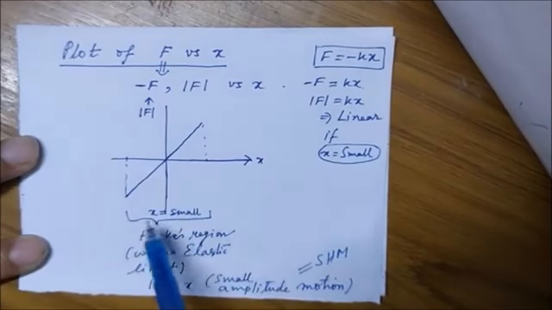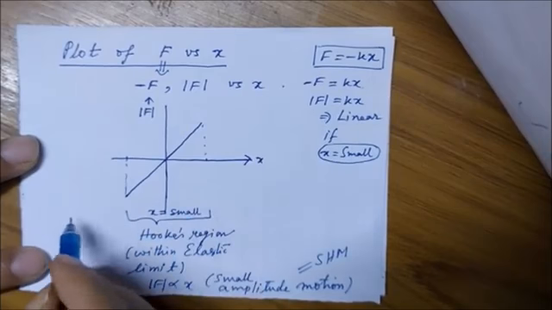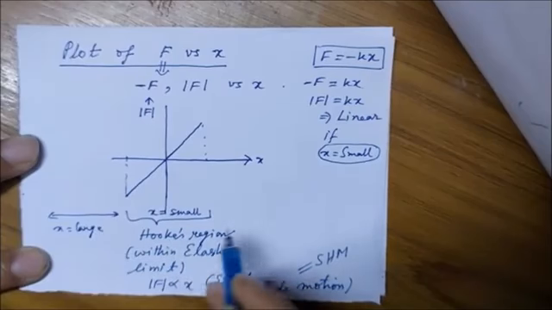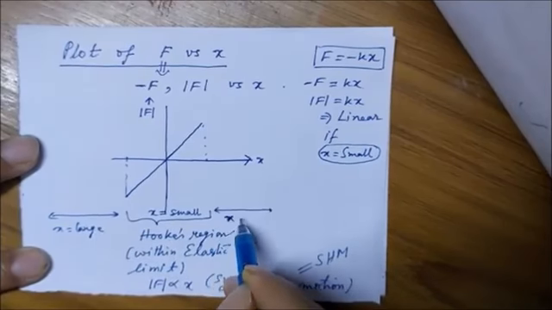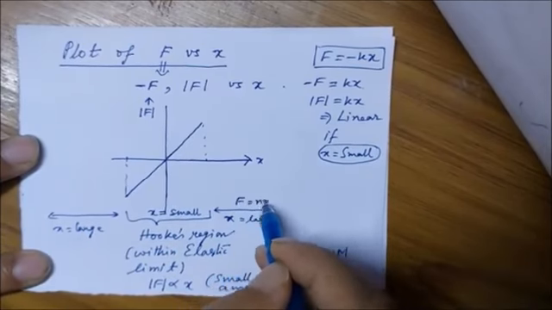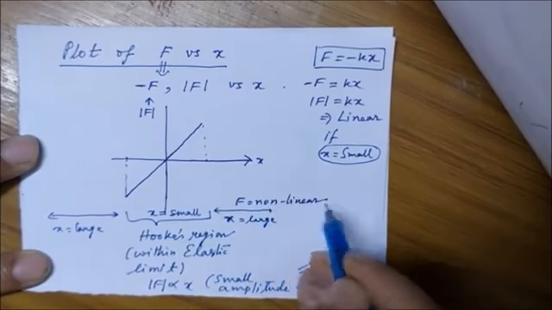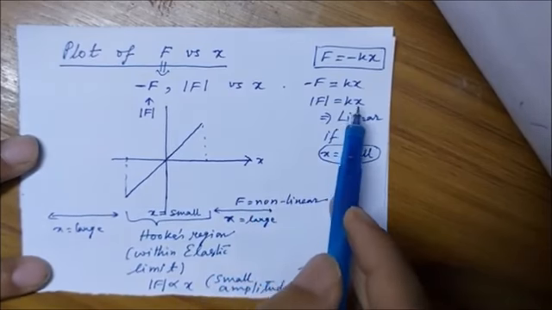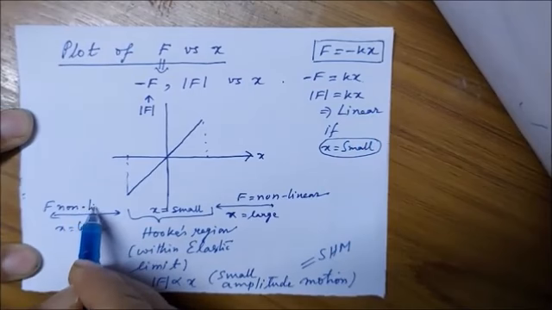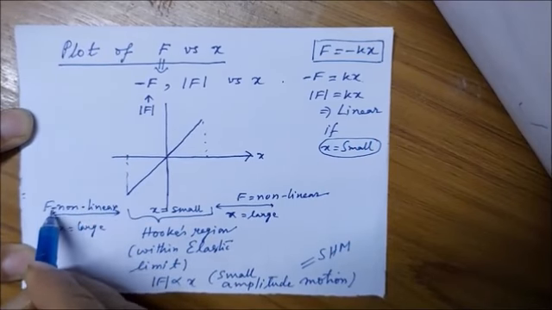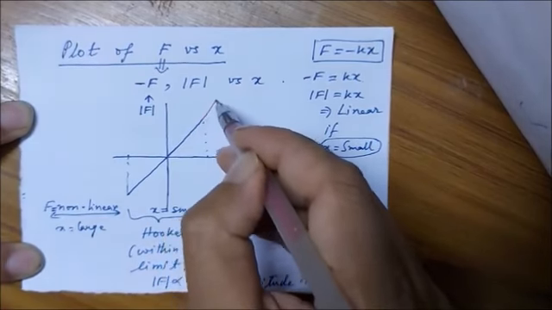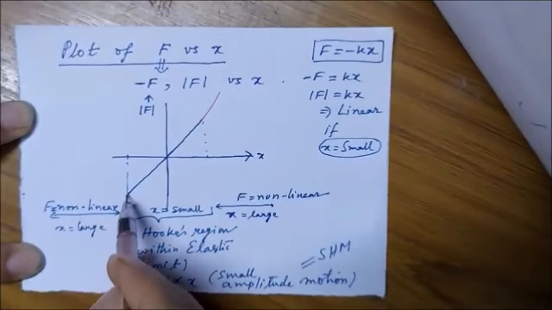Beyond this region, that is for large x, f is nonlinear, because along with the linear part, there will be the presence of a quadratic part, cubic part, and so on and so forth. So in this region, there will be distortion, say of this type, and in this region also there will be distortion.